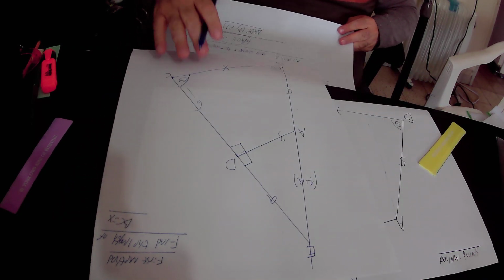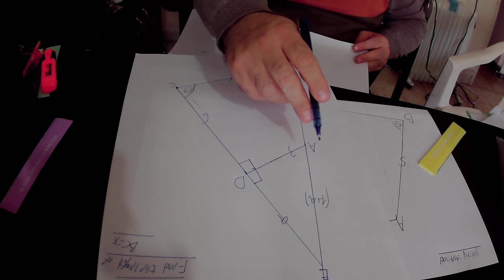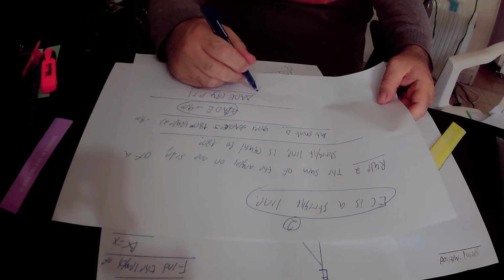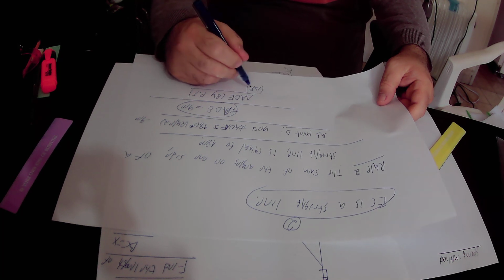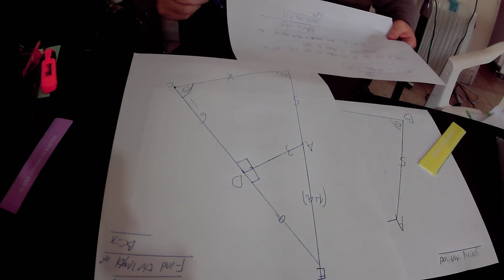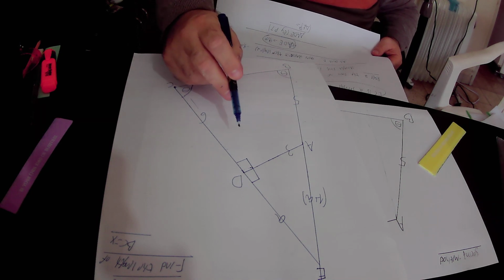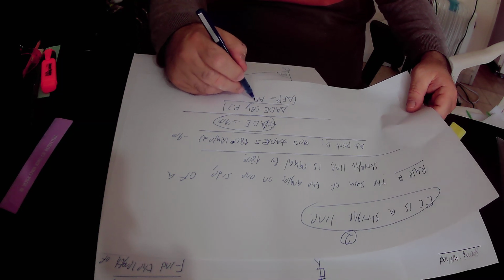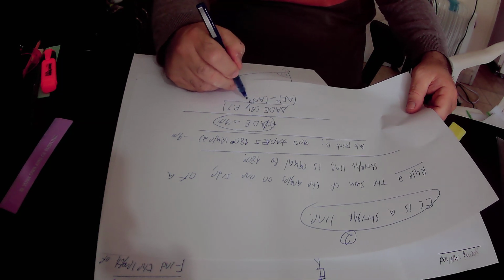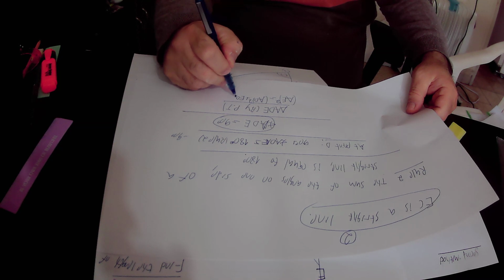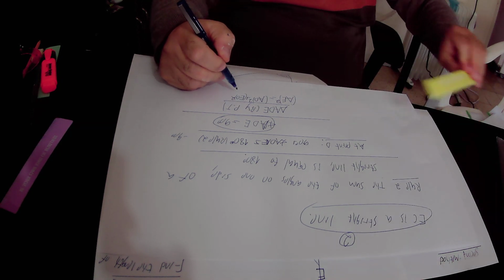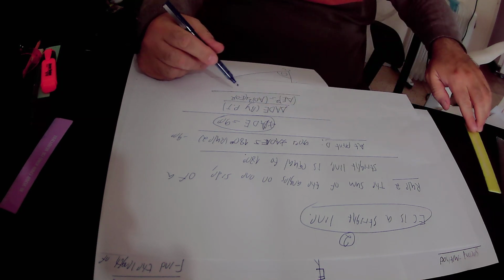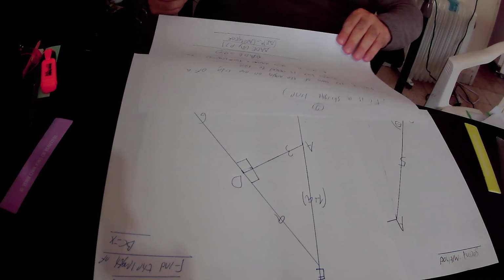That is to say, here AE squared, that is the square of the hypotenuse, equals AD squared plus ED squared. It means that AE squared equals AD squared plus ED squared.